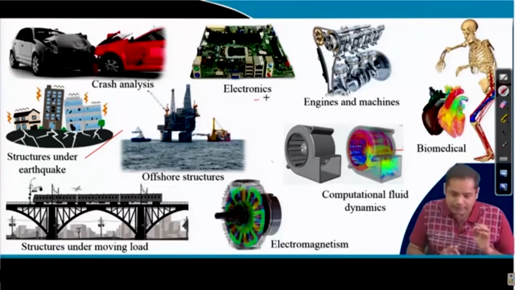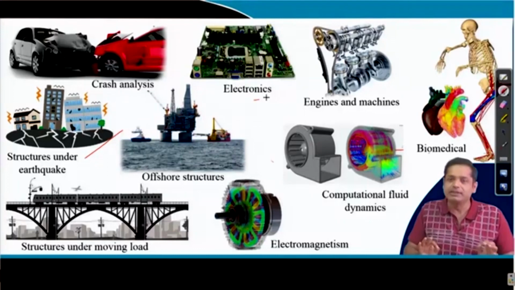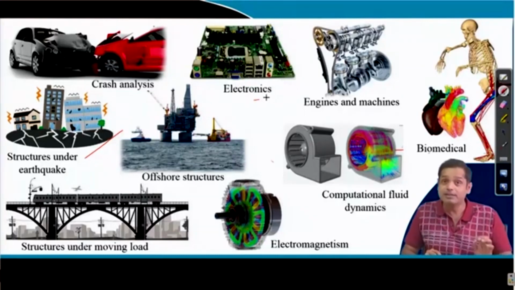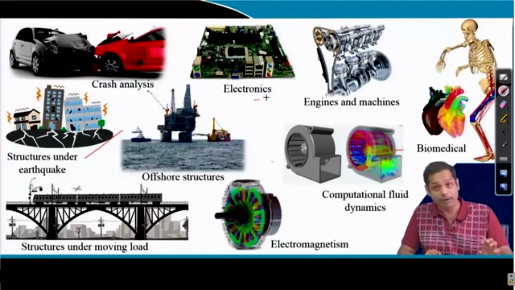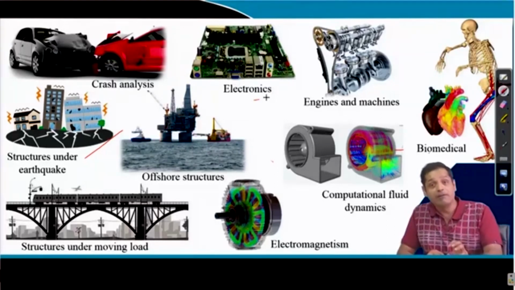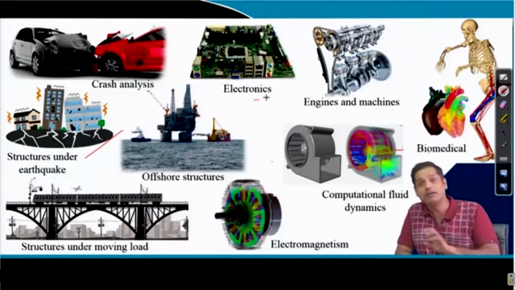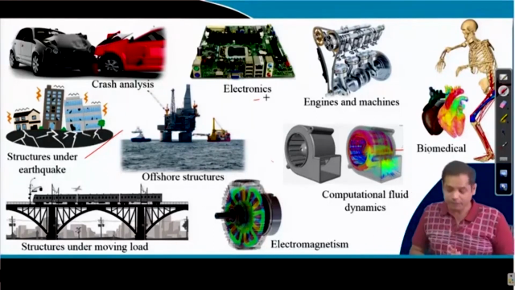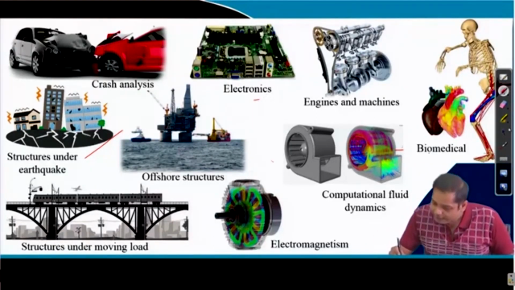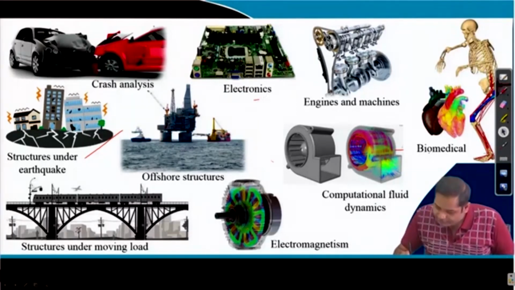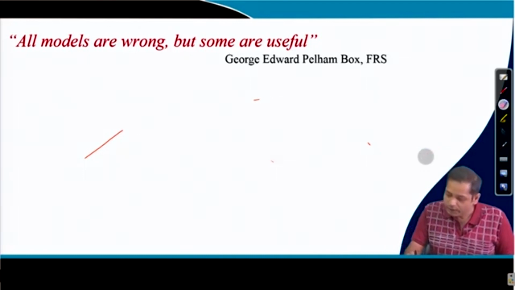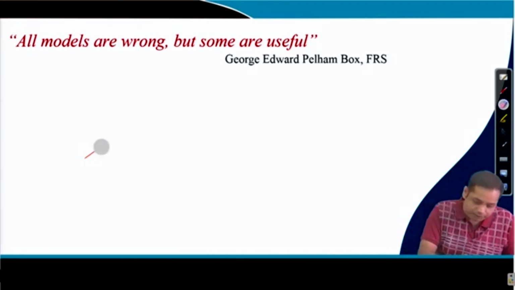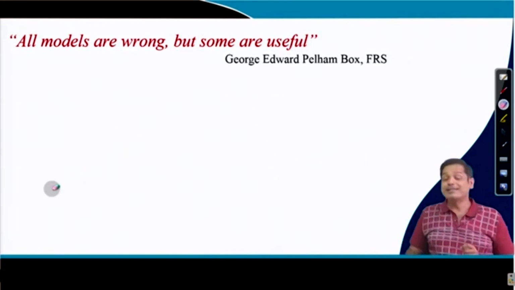Now, whenever we analyze a physical system, you remember the first thing is to have an idealized model, a simplified model. Second thing is to have a mathematical model, and then we have the solution of this system. In this context, there is a famous quote, as it goes, all models are wrong, but some are useful.